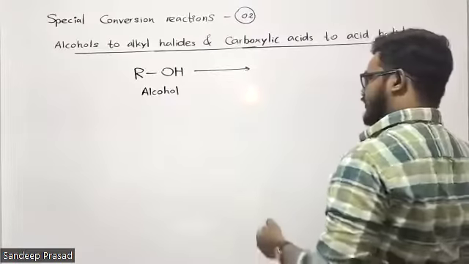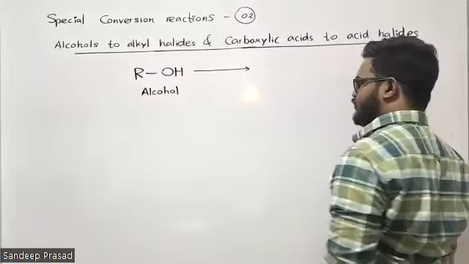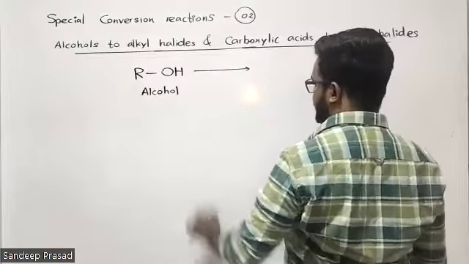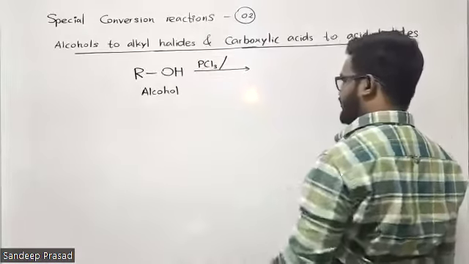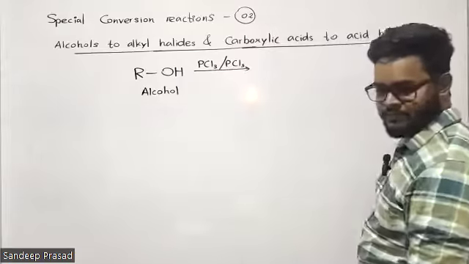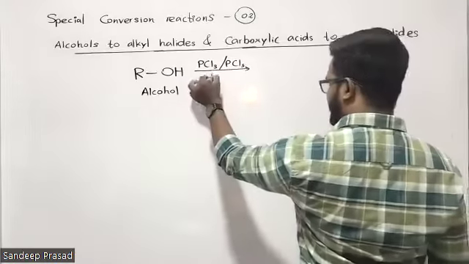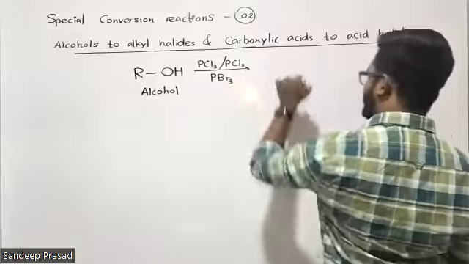In our organic chemistry syllabus, they have given three compounds that we can use for this: PCl3, phosphorus trichloride, or else PCl5. And if you use PBr3, you can convert this into alkyl bromide.